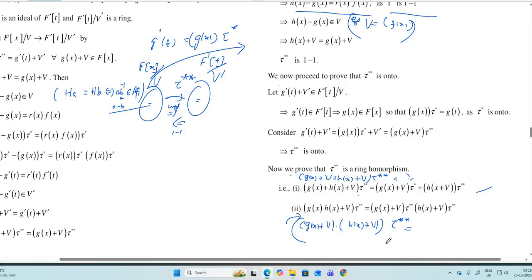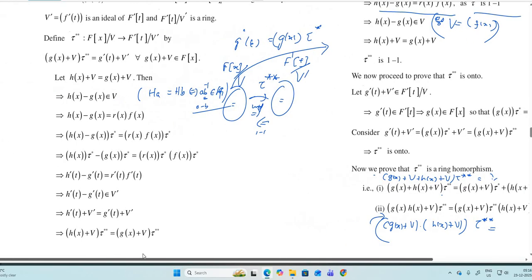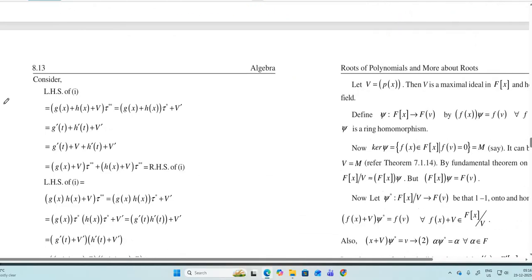We'll consider the LHS first and then the second. So this is what we have, and by the definition of tau double star, it is nothing but the image of this under tau star plus v prime. But tau star is a homomorphism, so you have this step. And by the definition of addition in any quotient ring, you have this step. That is the reason.